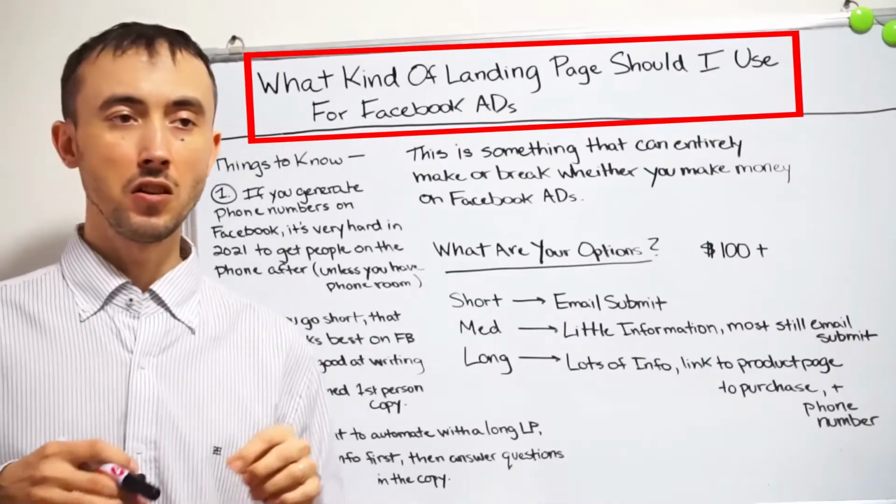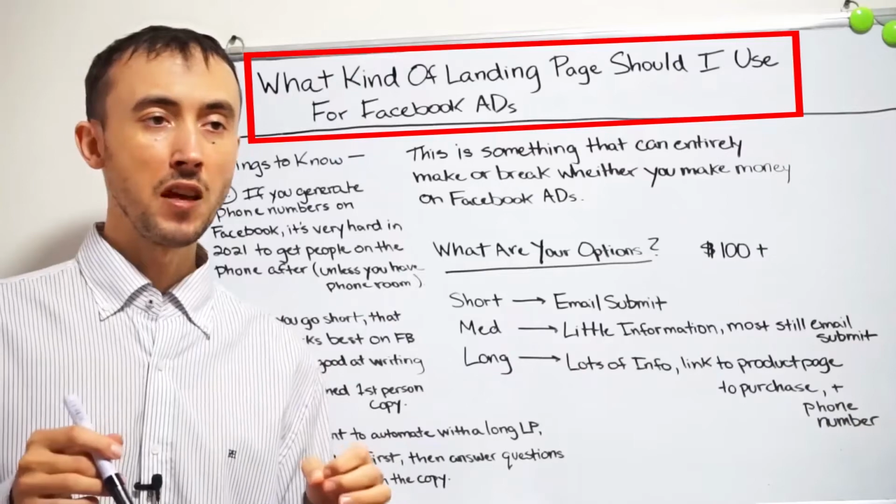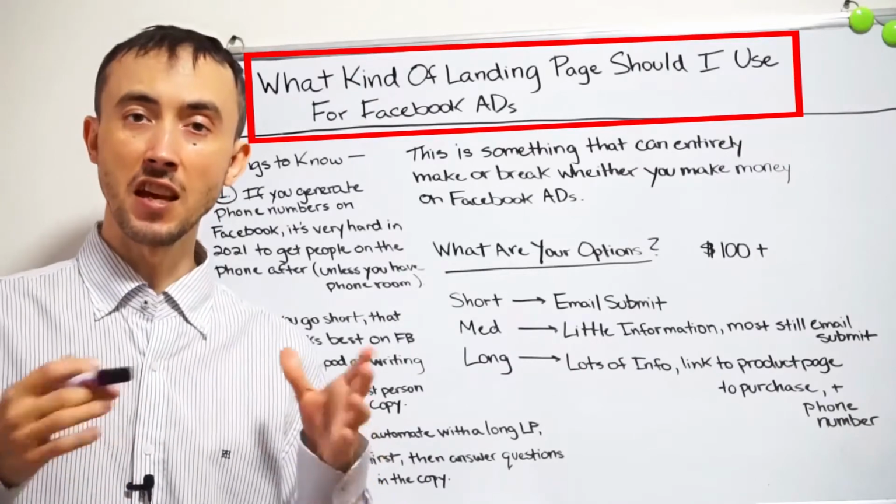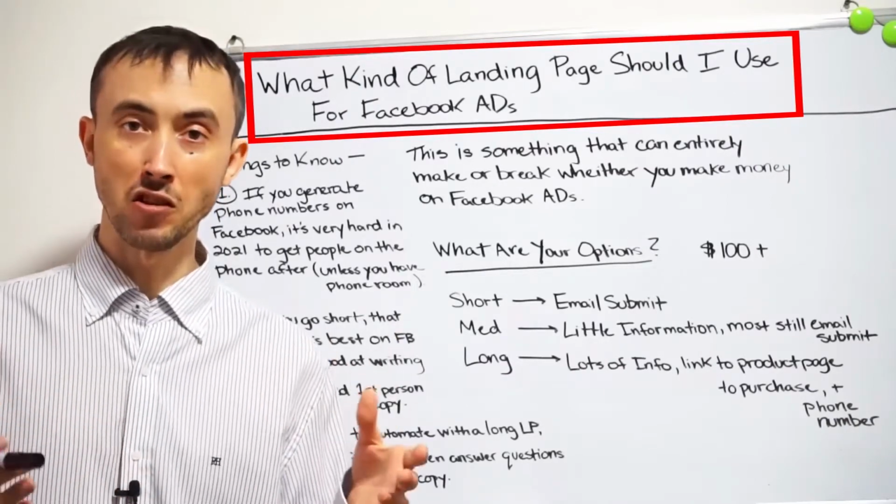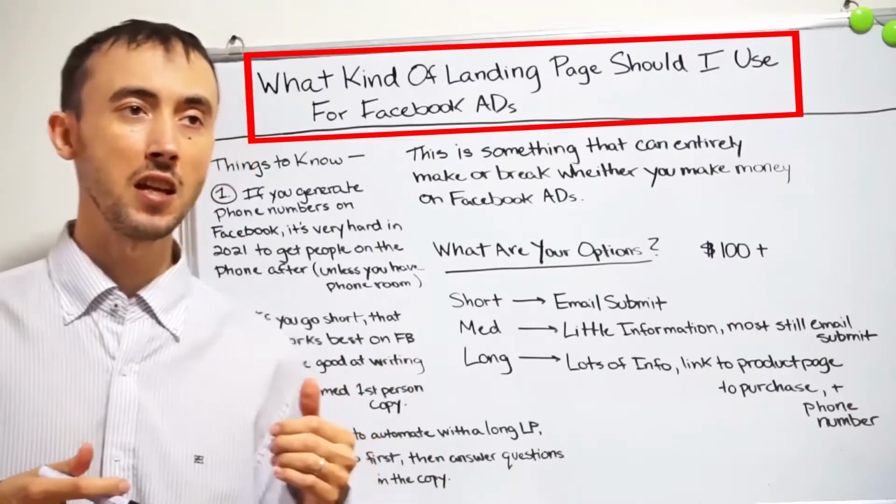And a lot of people don't think about, well, they do when they get into it, but they don't think about what type of landing page they're going to use if they know that they're going to use a landing page.